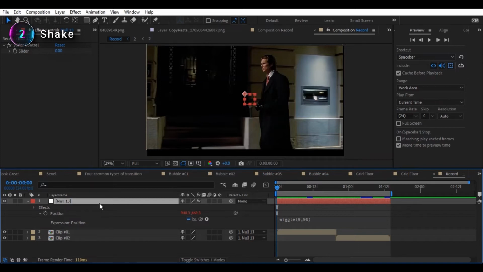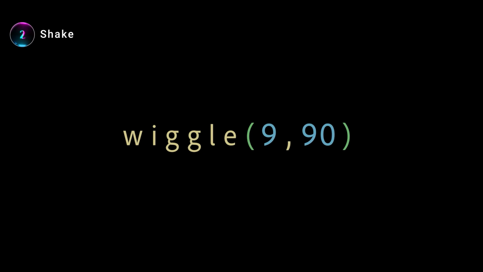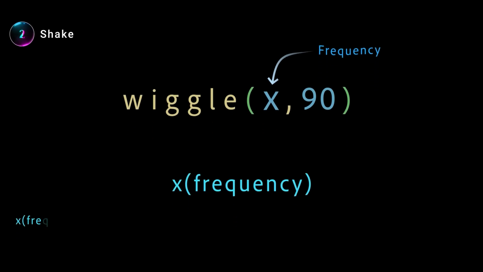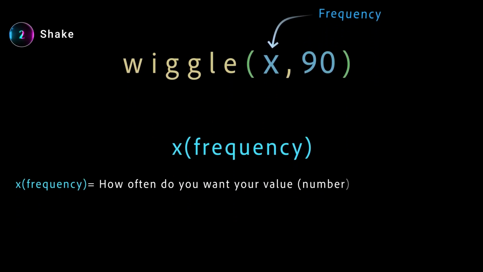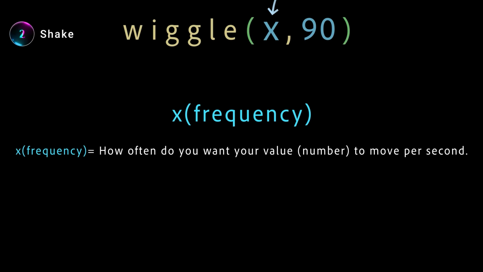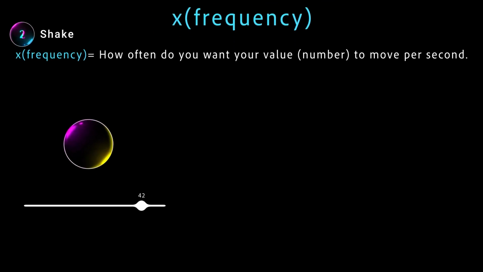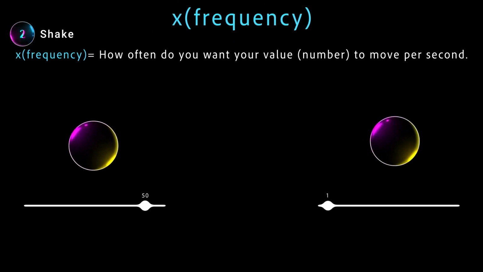But before that, you gotta know something about wiggle. I said we generally add 2 numbers, but why? Well, those are not just random numbers. They have a meaning. The first number represents the frequency. How often do you want your value to move per second? The first animation, I set the frequency to 50. The second one, I set it to 1.